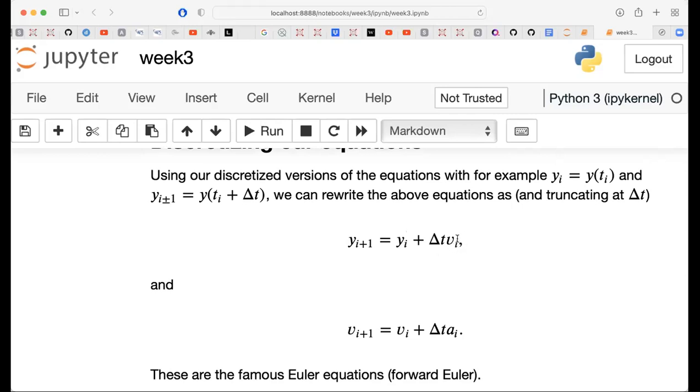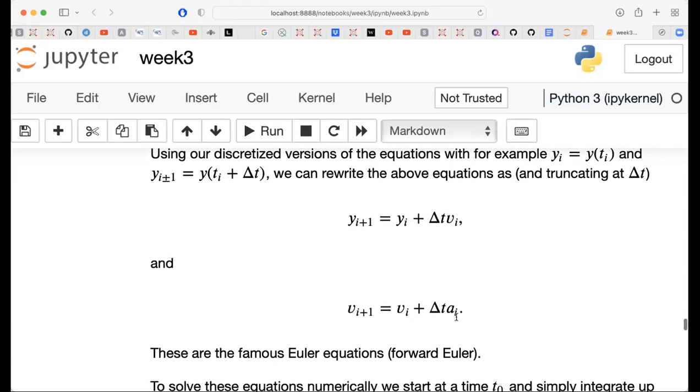We need an initial value for the velocity, and we know the acceleration. So that's the quantity we know, and we can fix delta t. So delta t, it's actually you who sets delta t when you're going to find the solution. And your results will depend on the value of delta t.